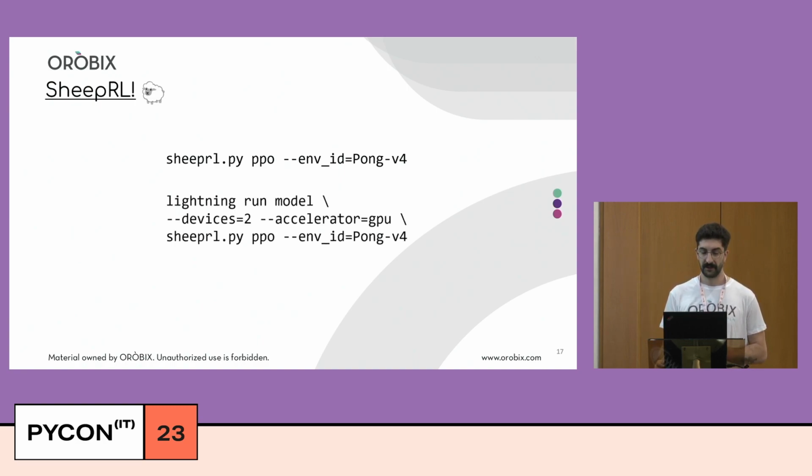And if you want to run it over multiple GPUs or multiple TPUs or whatever in your clusters of machines, you can do it with Lightning Fabric, which is another open source project that gives you the possibility to accelerate your deep learning pipeline on multiple machines and accelerators.